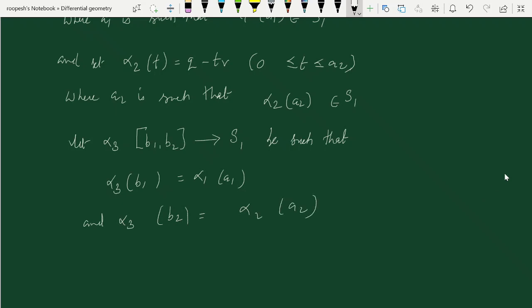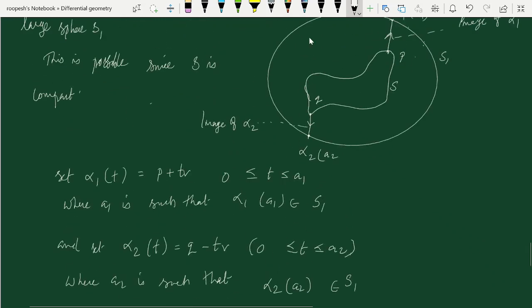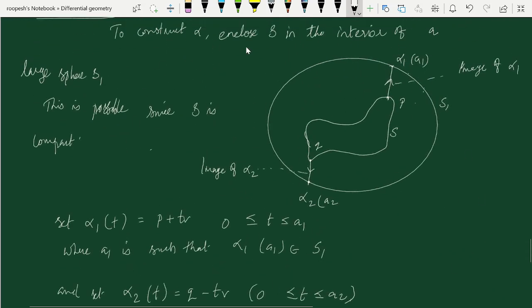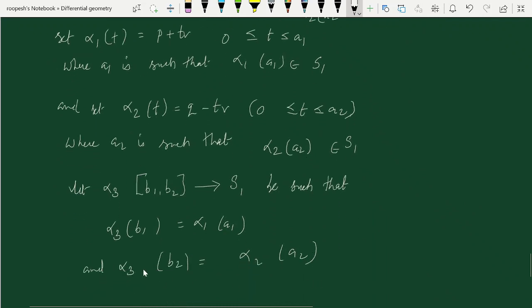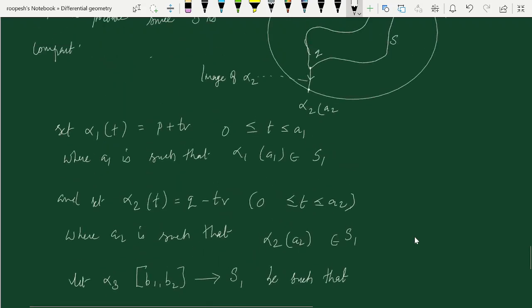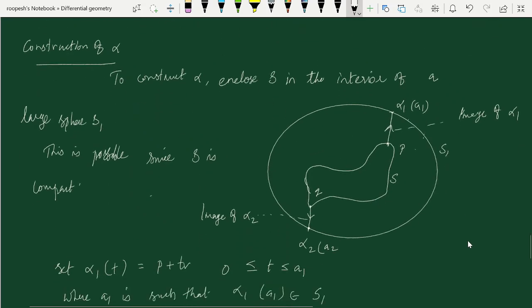So it belongs to this circle, plus another condition is that it starts from b1 and ends at b2, and alpha 3 of b1 is alpha 1 of a1. That means it should start from here and end at this point. So this is your alpha 3, right?